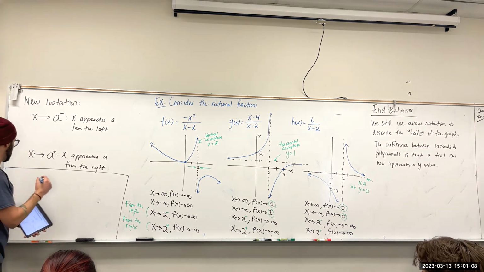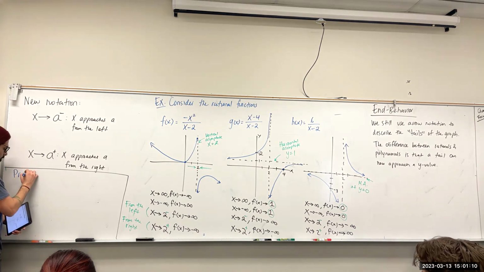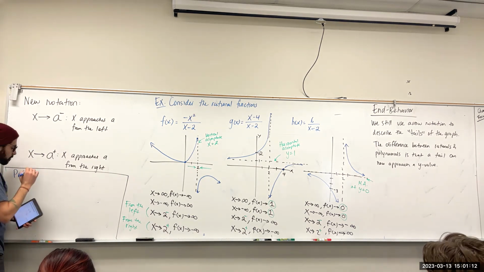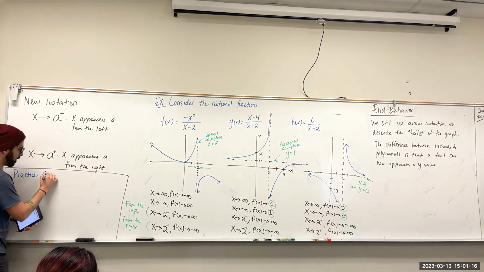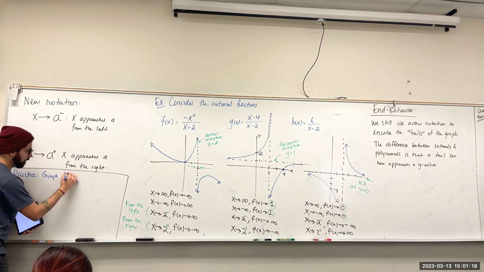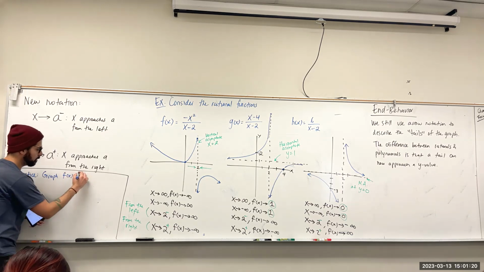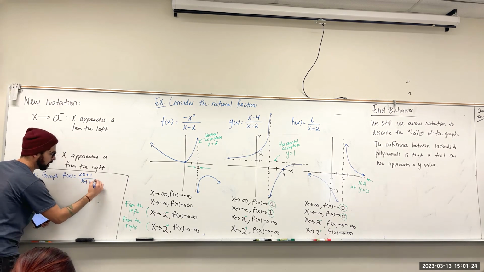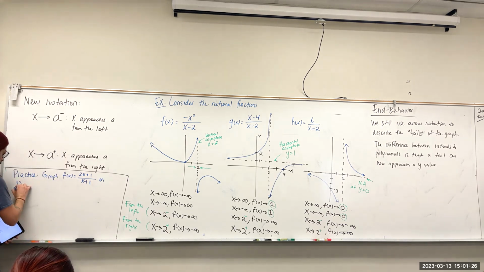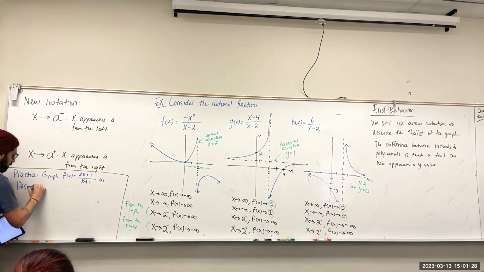Okay, guys, this is what I want you to do. I want you to go on Desmos. This will be our last exercise of the day. So graph f of x equals 2x plus 1 over x plus 1 on Desmos, or a graphing calculator, whichever one you have. And then I want you to practice all this new stuff we did.